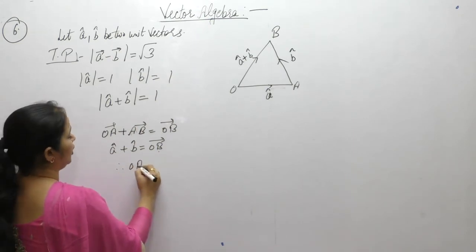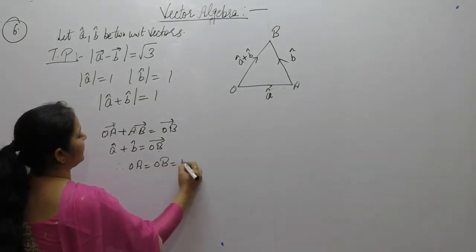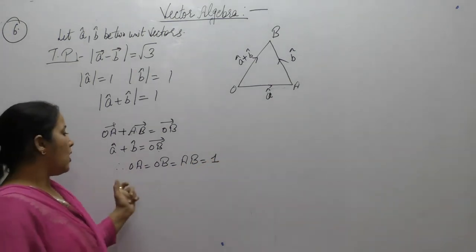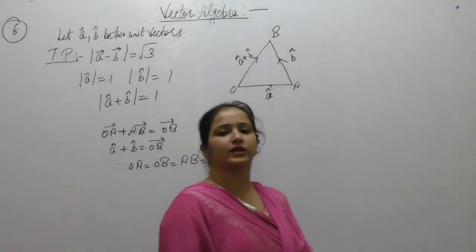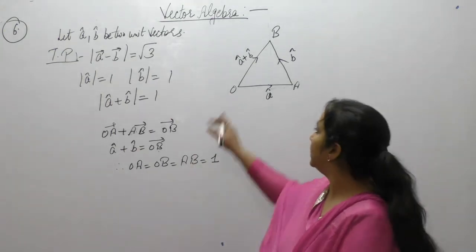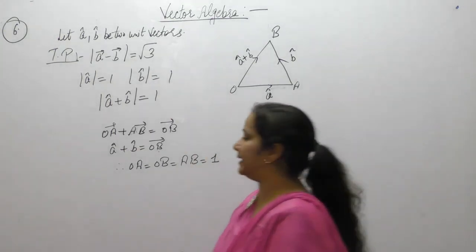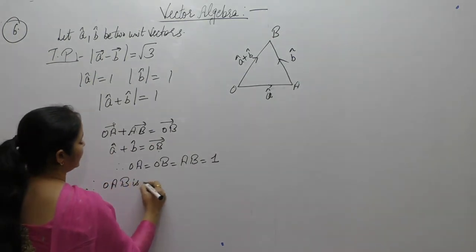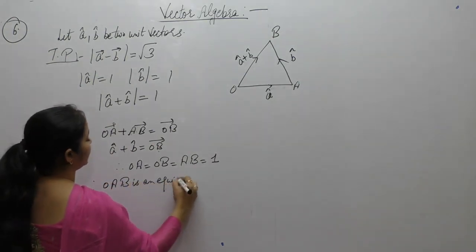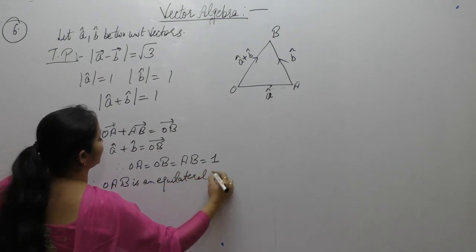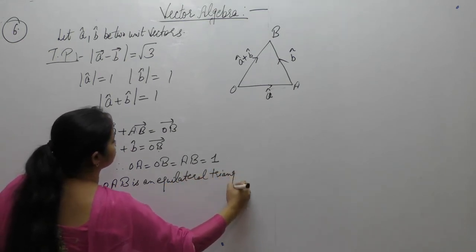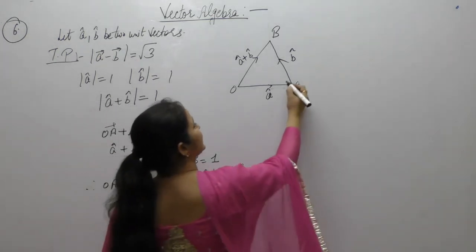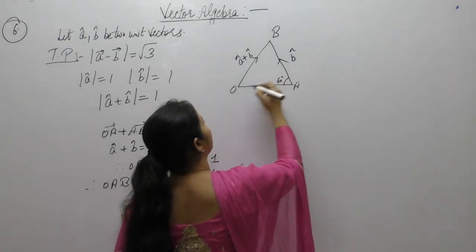Therefore, OA is equal to OB is equal to AB is equal to 1. All three sides of the triangle are equal. Therefore, OAB is an equilateral triangle. An equilateral triangle has each angle equal to 60 degrees.